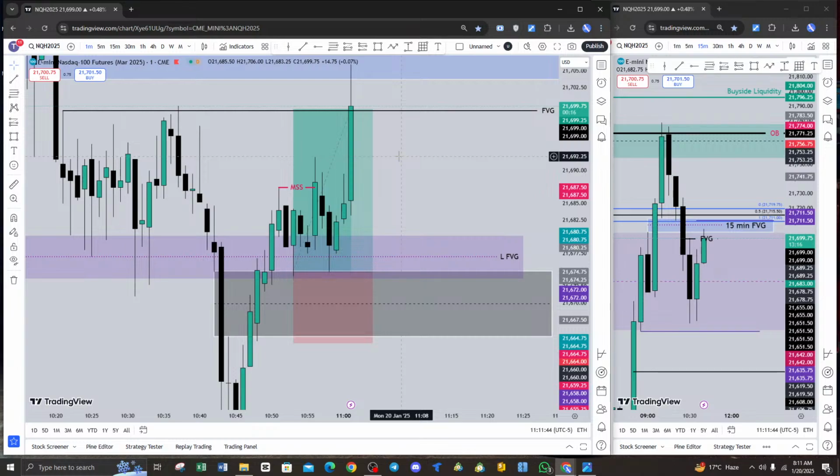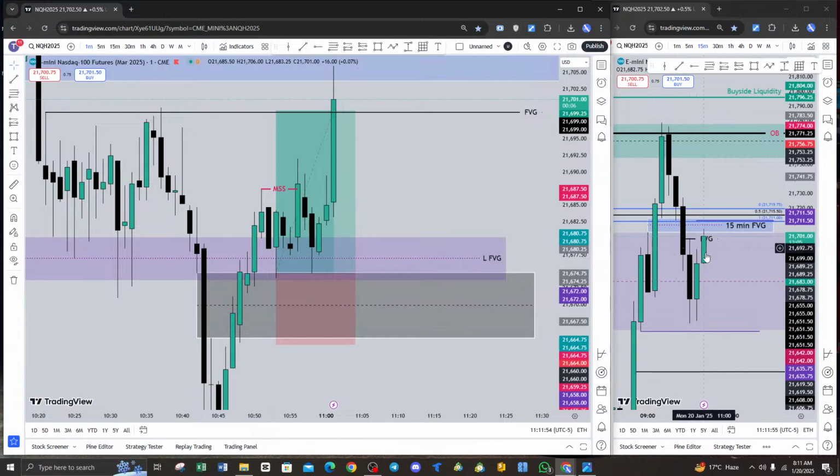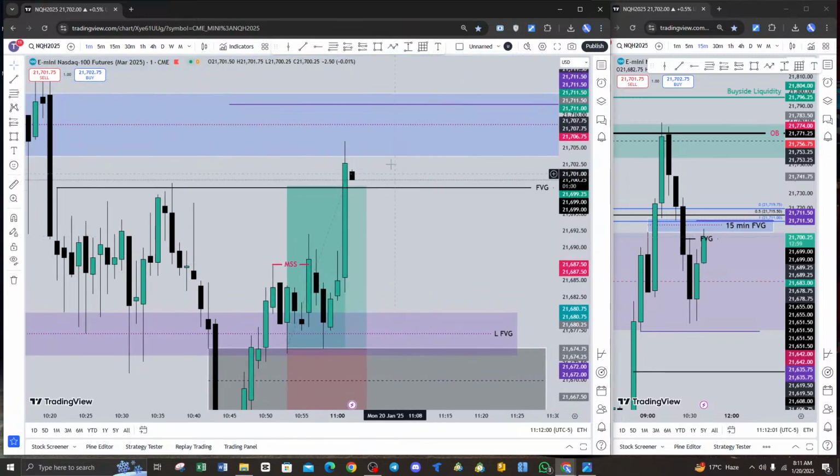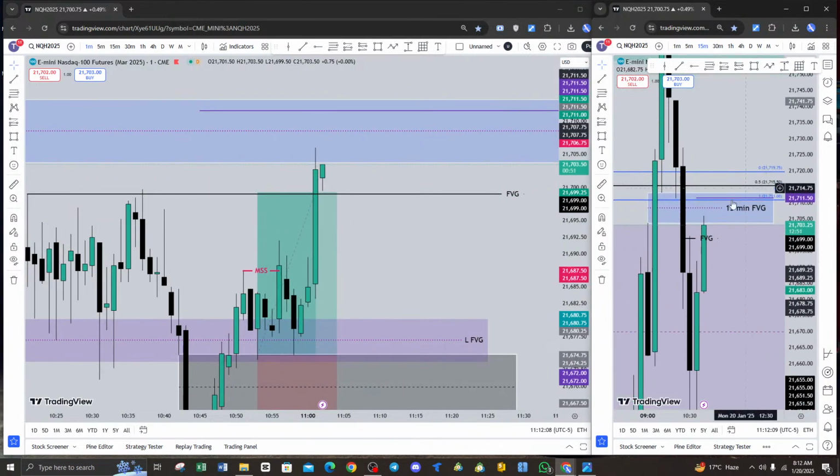So as we can see, this candle closed above the 50% of this. I didn't take the entry, but as we can see, the market will reach until this level, as this is the new week opening gap level.